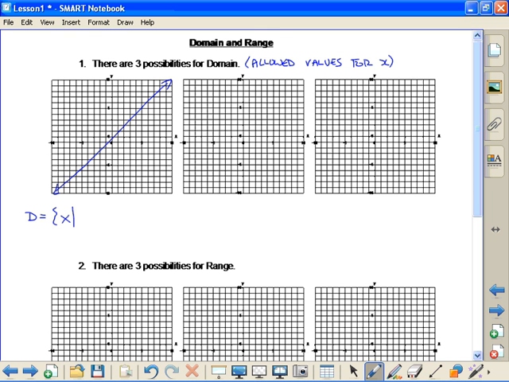Because there's arrowheads on either end of this graph, it continues on in either direction forever, which means that there is an X value for every point possible. So it continues on forever. And in this case, there's no condition. It's just domain equals X such that X is an element of real numbers, so it can be any possible number.